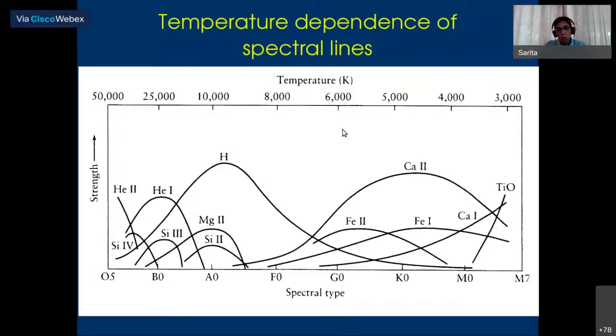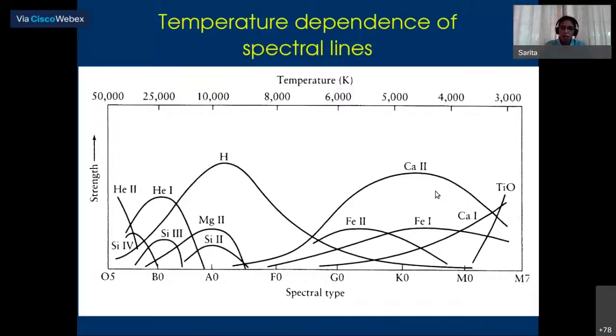As you go towards the cooler side, the other species start playing an important role. For example, the ionized calcium, ionized iron, and this is neutral iron, and this is neutral calcium, and so on. This calcium also shows strong absorption lines, and the strength is maximum, as you can see, near the K-type star.